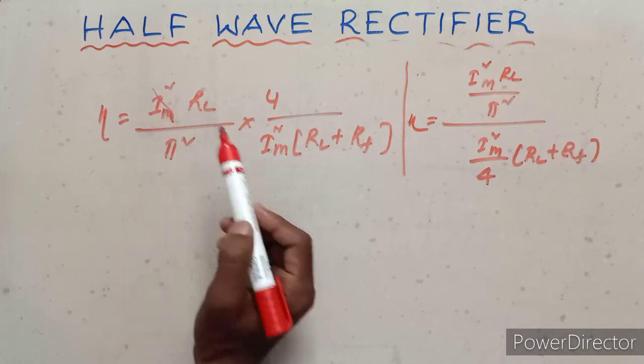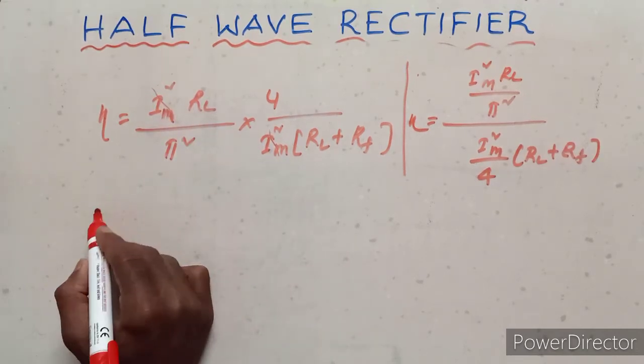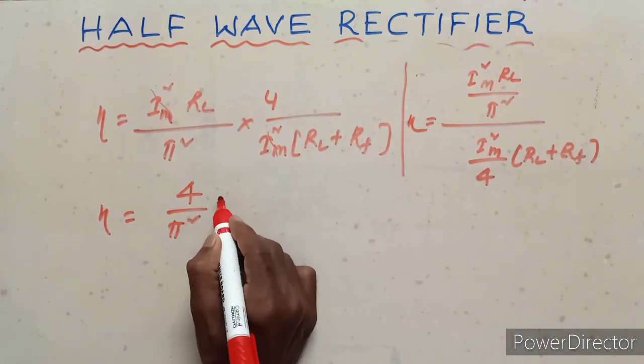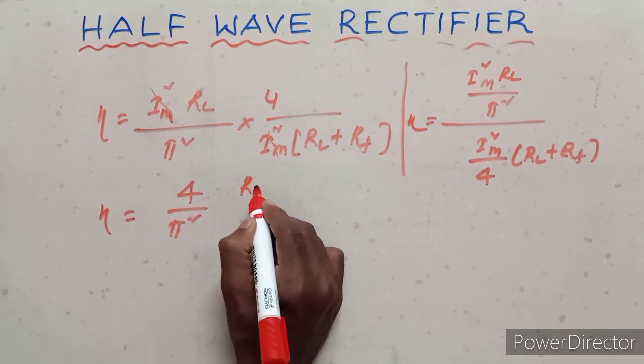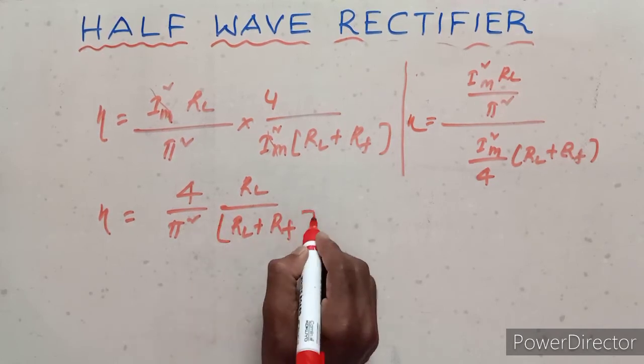In this equation I square M cancels. Remaining is eta equals 4 upon pi square into RL upon RL plus RF.